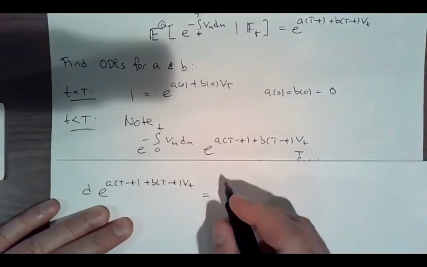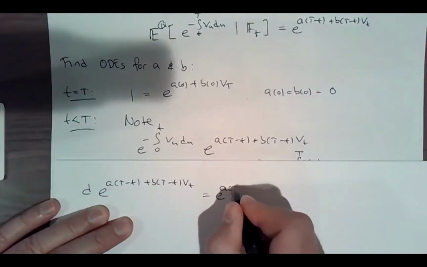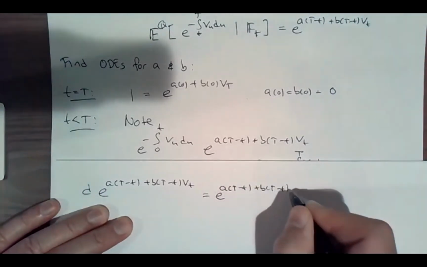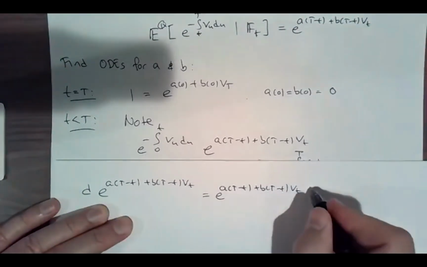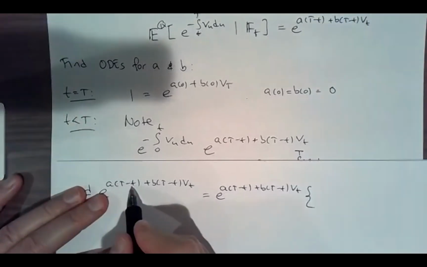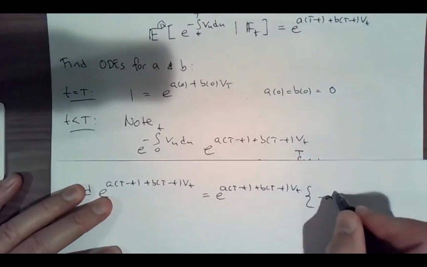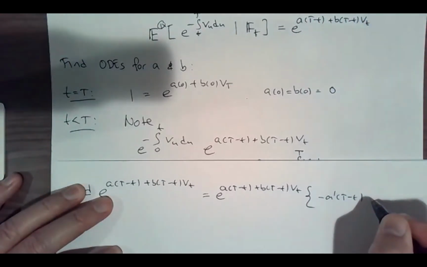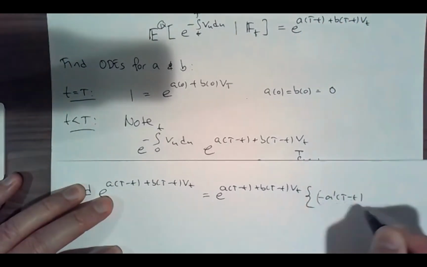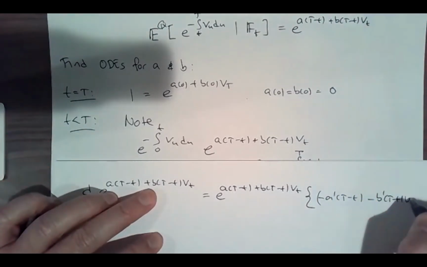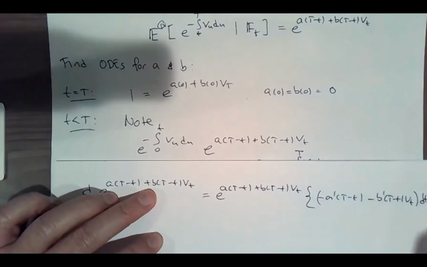Okay, we're going to get this exponential term over and over, so I'll put it outside parentheses. And here they come. We start with the time derivatives: you will get minus a prime (T minus t) minus b prime (T minus t) v_t, dt. That was the first term.